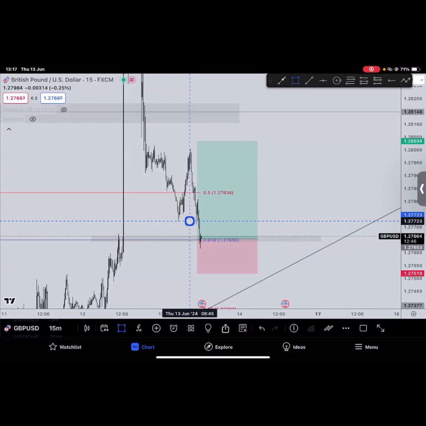But let's see, I want to see how the news reacts. Because if your analysis is right, news is the only thing that can hit your stop loss and still go your way. That's why I try to avoid it as much as possible. I just let it pass. If I want to trade, I'll just wait till it has passed. Or if I'm in a trade, I'll just close, or I'll break even.